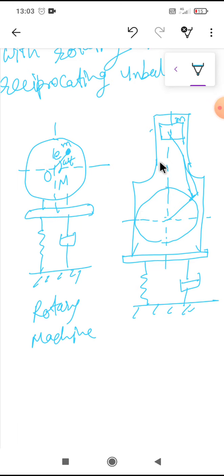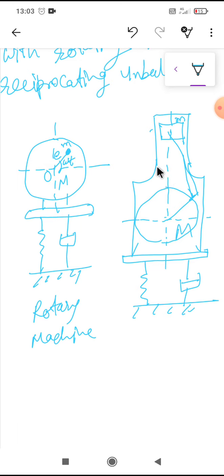So considering a reciprocating engine having reciprocating mass, that is small m, and total engine mass, that is capital M, including the reciprocating mass. Here we need to take care that capital M includes the small m.